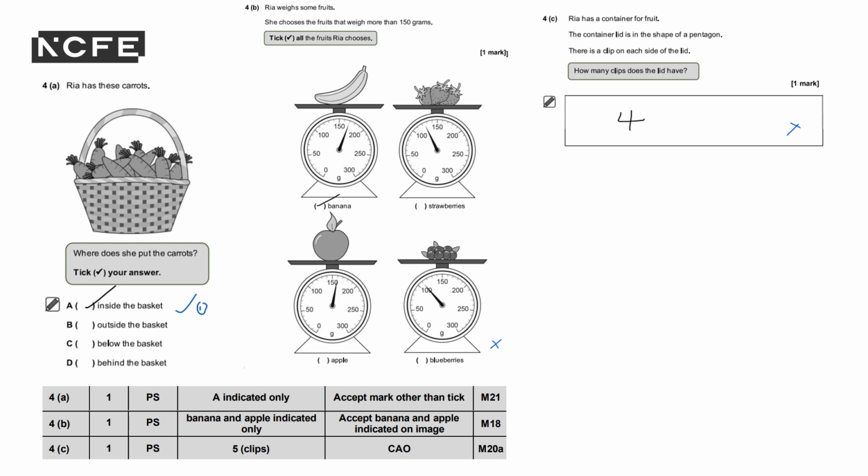So banana was a correct option, but in order to gain the mark, they needed to choose apple as well. So perhaps this learner just saw the banana and thought, oh, well, that's the only option, instead of checking all of the other options. And then for 4C, the learner has given an answer of 4, but unfortunately the only answer that can be accepted is 5.